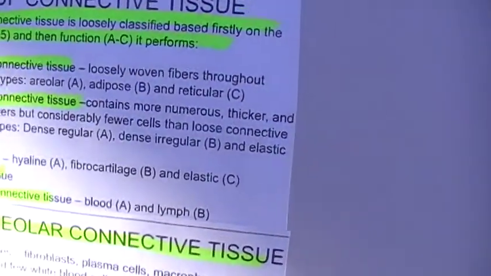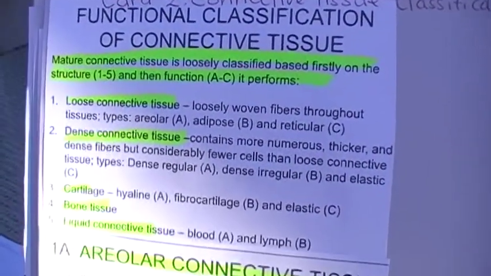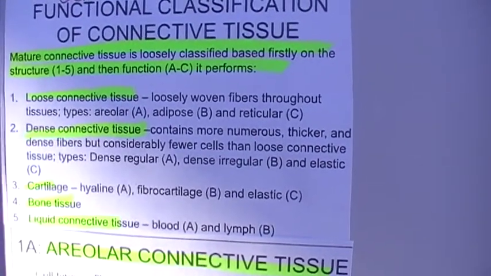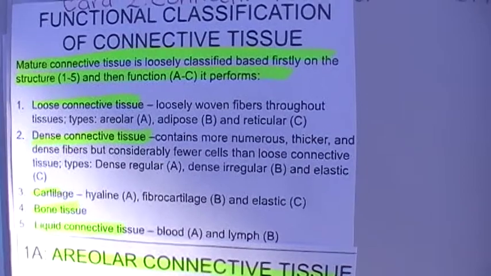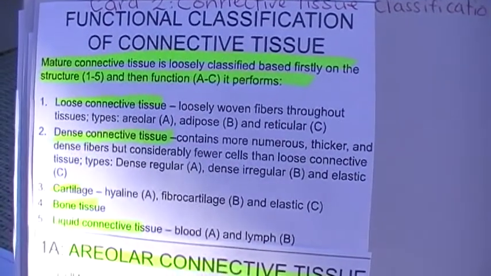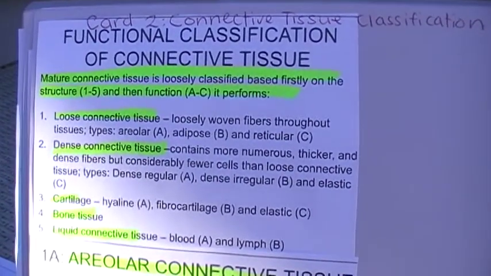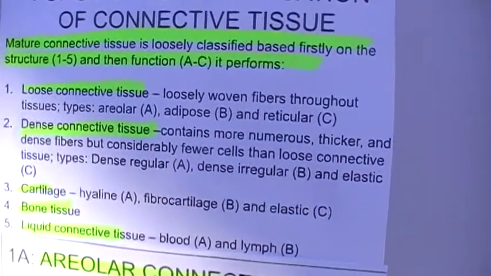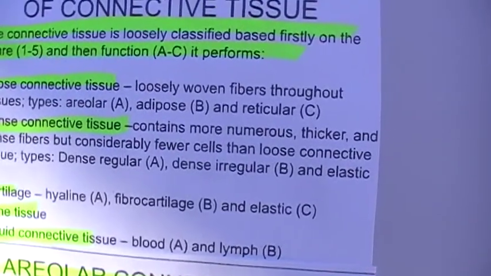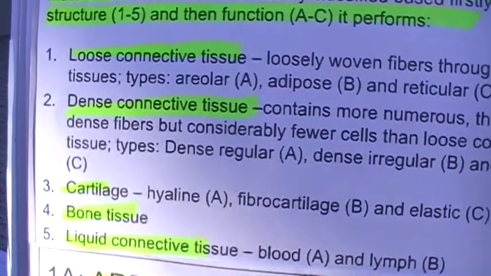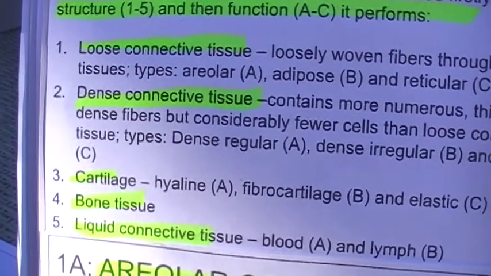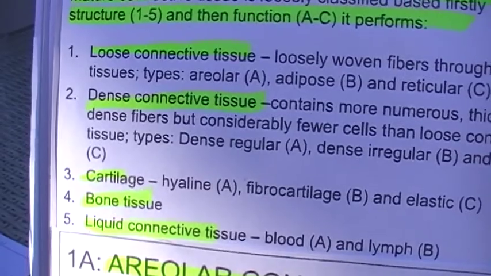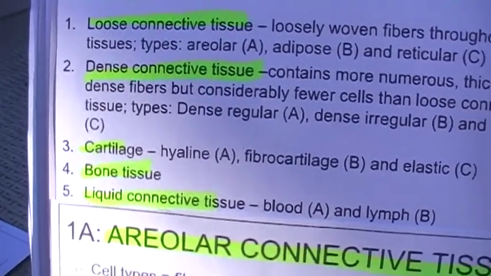What's the functional classification of connective tissue? Firstly, the way that we classify connective tissue is actually based on the structure. So we either say loose connective, dense connective, cartilage, bone, liquid.